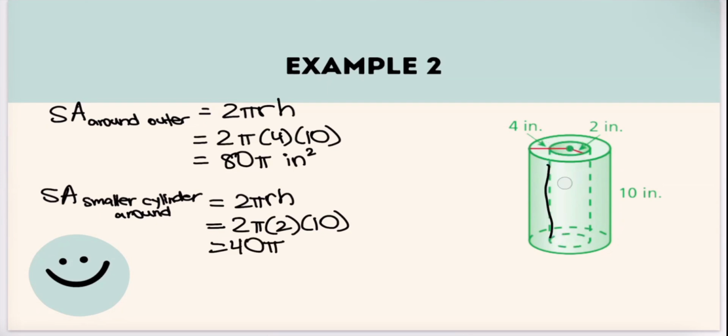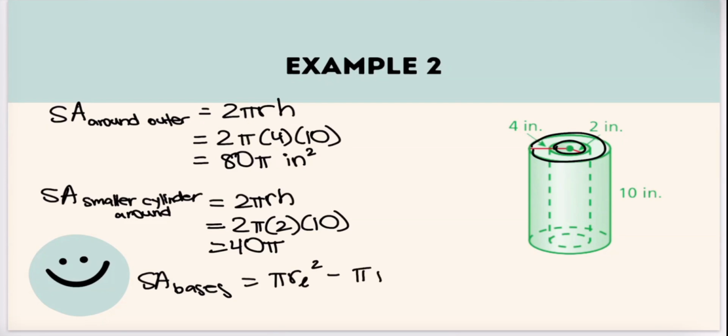And then last but not least, I need to know this circle on top and this circle on the bottom, what these are. But keep in mind, we're not going to paint the full circle. We're going to paint that circle minus this one. And we're going to do that twice because for the top and for the bottom. So the surface area for bases in this case would be pi larger r squared minus pi smaller r squared, and then times 2, because we're doing this twice.